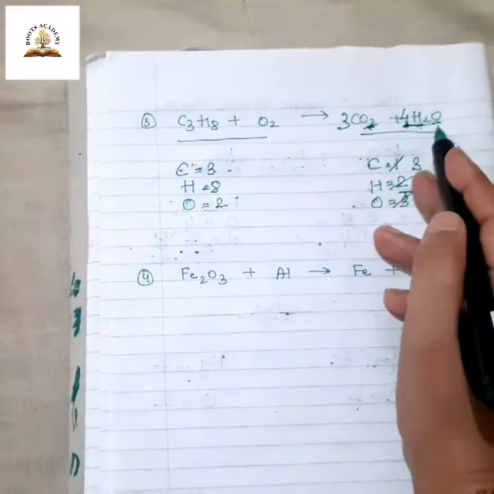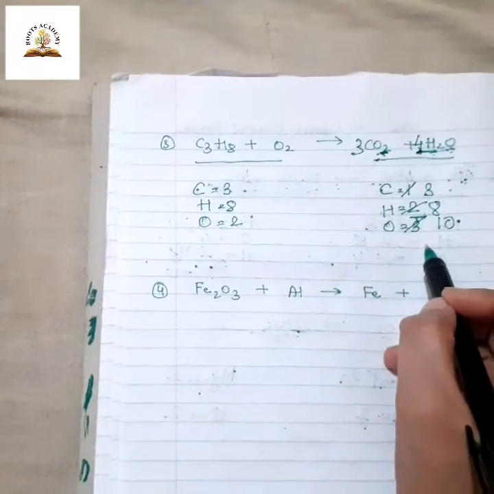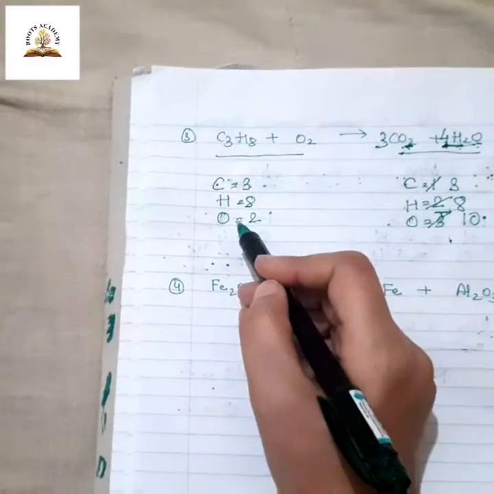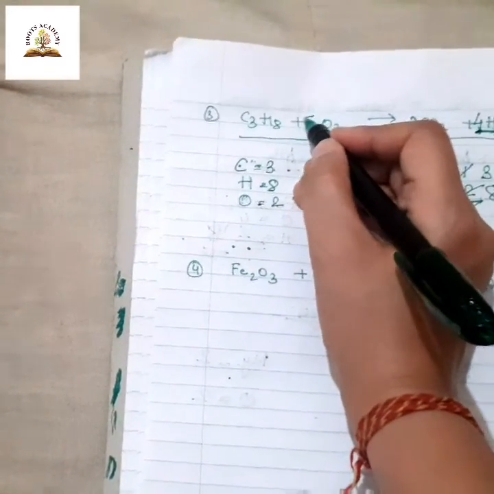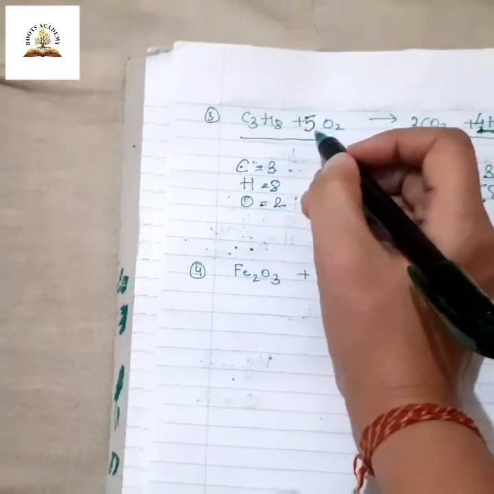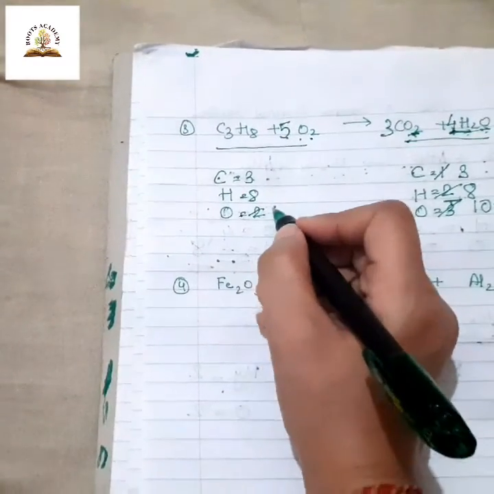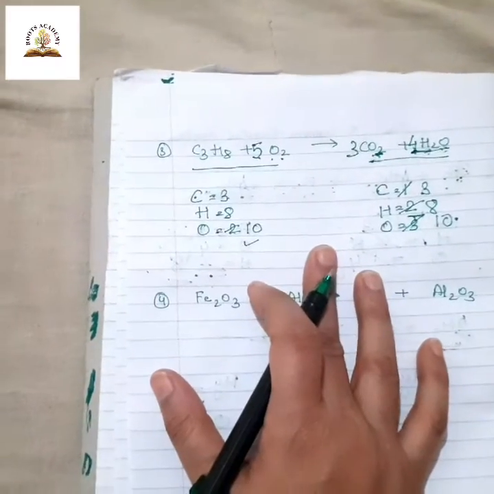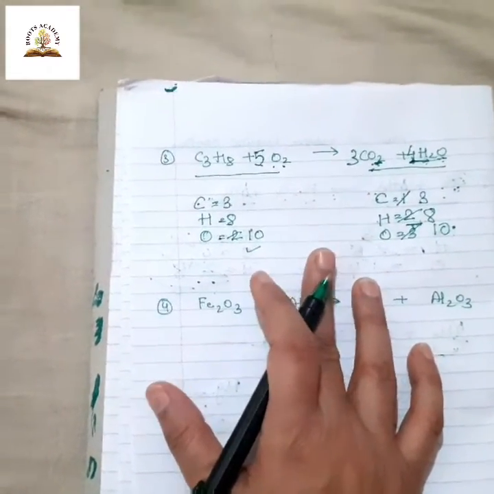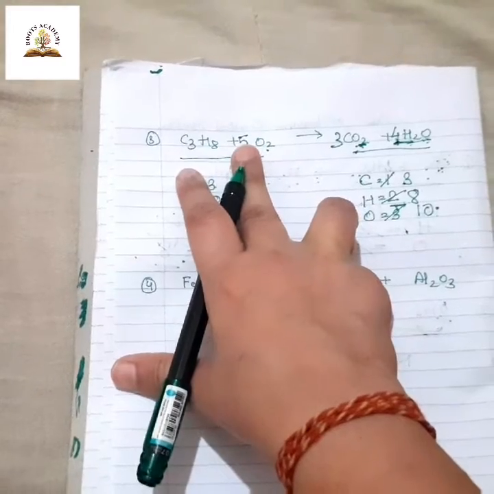So my oxygen turned to be 10, whereas here my oxygen is 2. What I will do, I'll just multiply with the number 5, that is 5 2s are 10. So oxygen turns to be 10 on the reactant side. So this is the way to balance the chemical equation. Whatever number you want to add, you can add in front of that element.